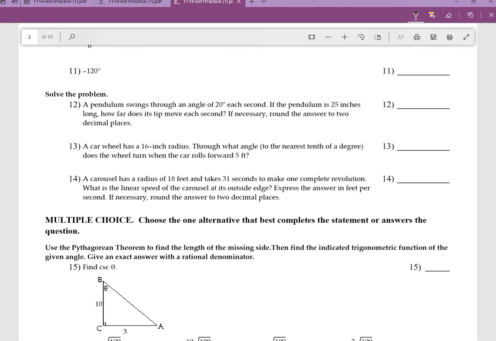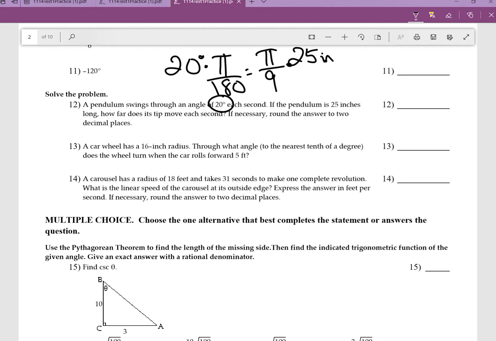The key to number 12 is to transform this to radian. So you say, okay, well then 20 degrees times pi over 180, and you end up with 1/9, which is basically pi over 9, and you multiply that by 25 inches.